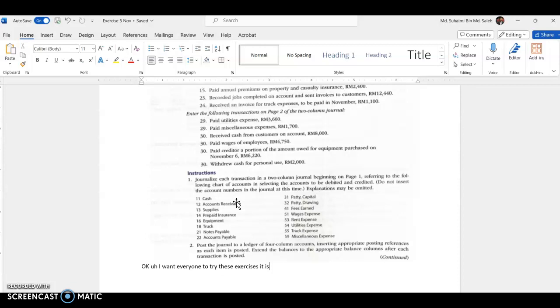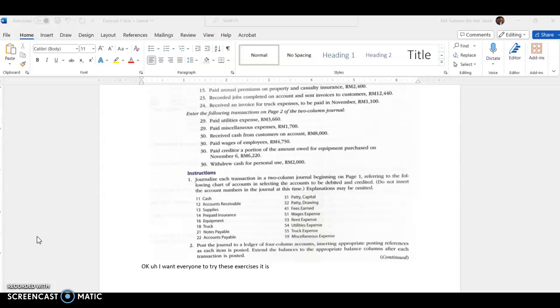On November 30th, receive cash from customer on account. This one means that we receive cash because we have performed these services. So debit cash and credit revenue, the fees, at 8,000.